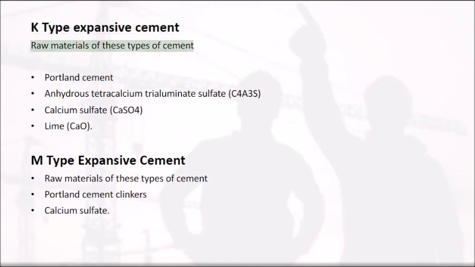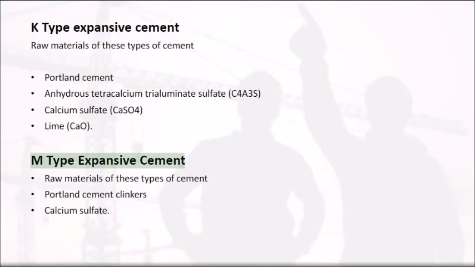Raw materials of this type of cement: Portland cement, anhydrous tetracalcium trialuminate sulfate, C4A3S, calcium sulfate, CaSO4, lime, CaO.